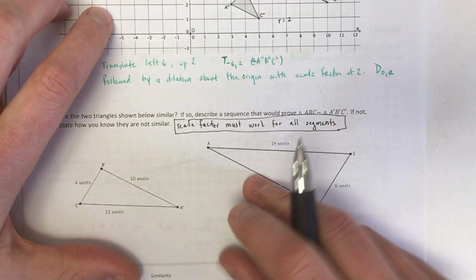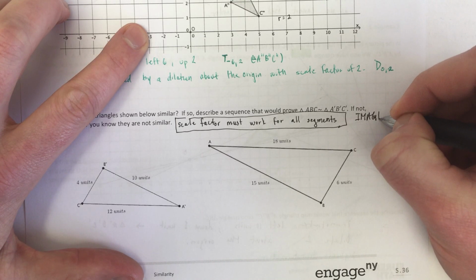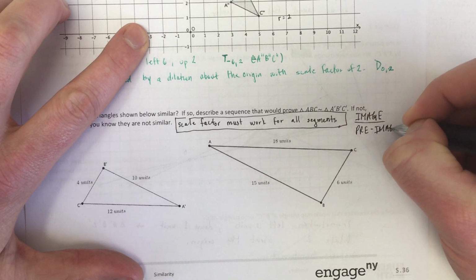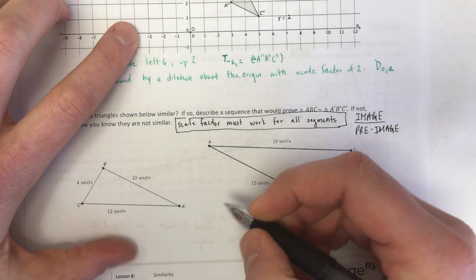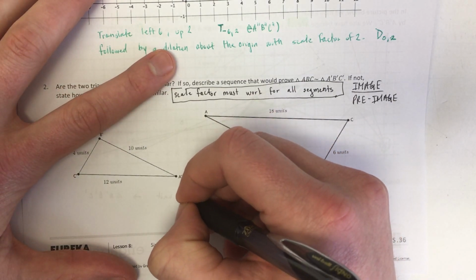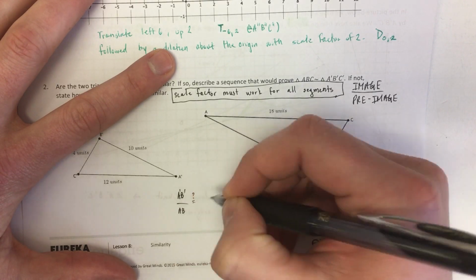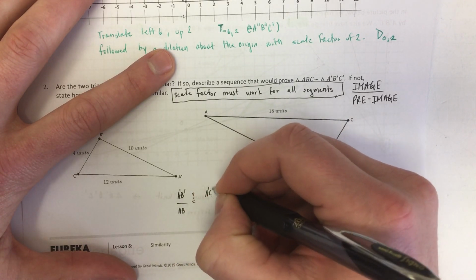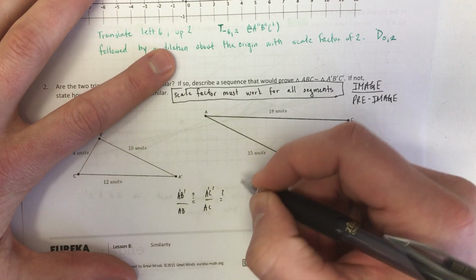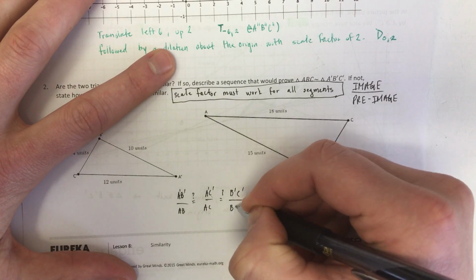If I'm keeping in mind scale factor is image divided by the pre-image, then I could look at this in terms of A prime B prime over AB. Does that equal A prime C prime over AC, which equals the same thing as B prime C prime over BC?